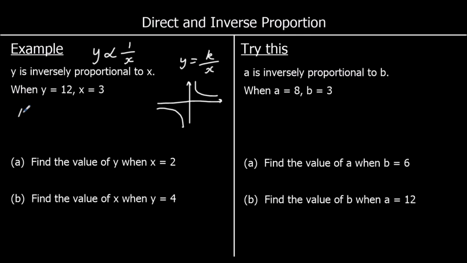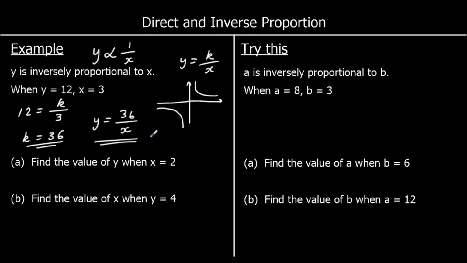So 12 equals k over 3. To get k by itself, we multiply both sides by 3. So 12 times 3 is 36. So k is 36. So this relationship is y equals 36 over x.